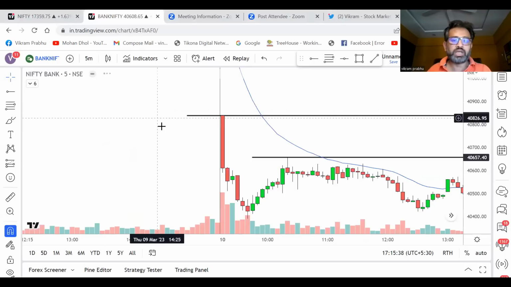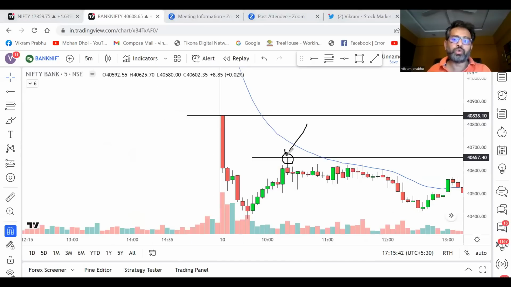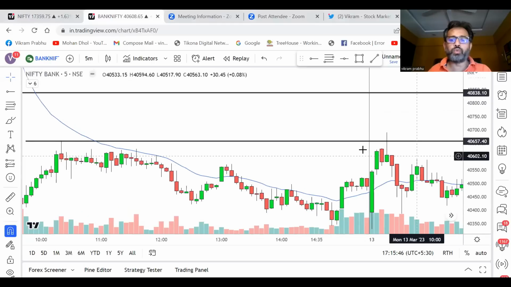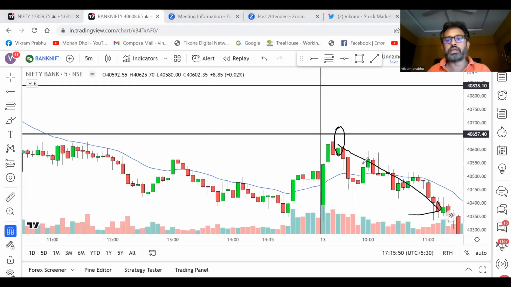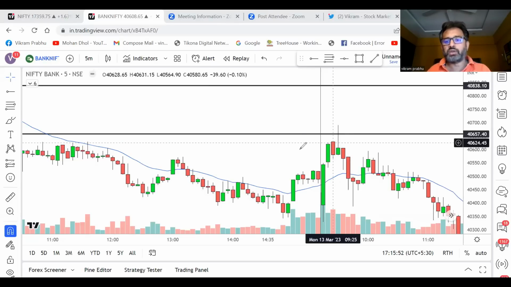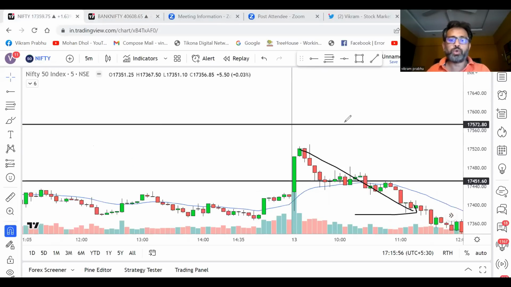What is this? These are the huge wicks, right? You can see Bank Nifty exactly took resistance from those wicks, made a bearish candle, and then started coming down. And since Bank Nifty started coming down, Nifty also reversed. The gap could not get filled.